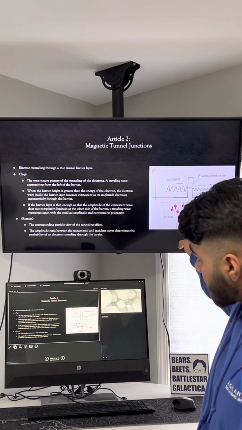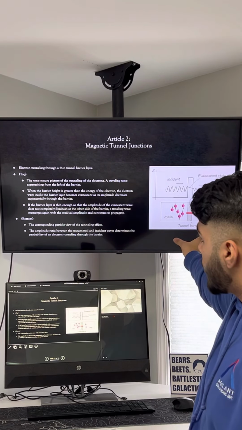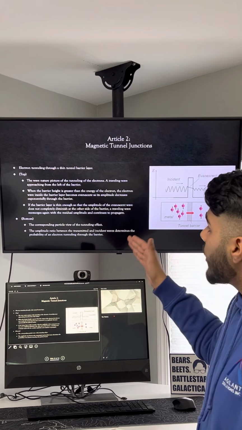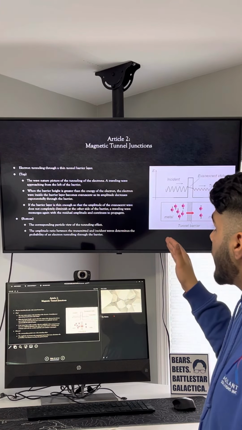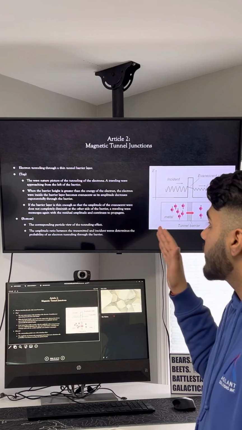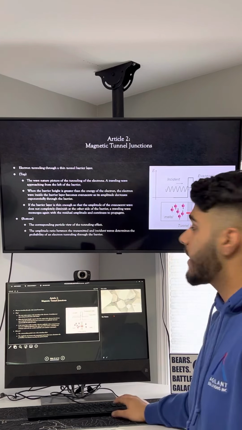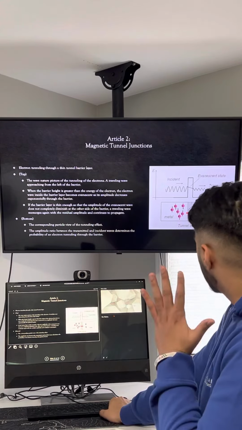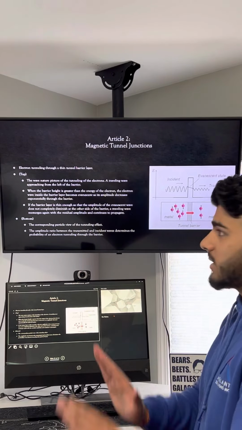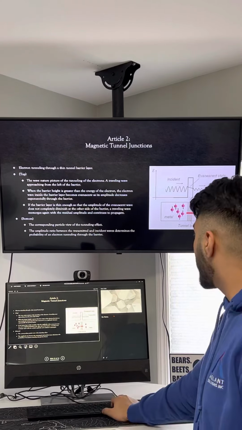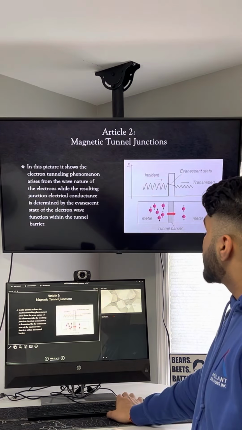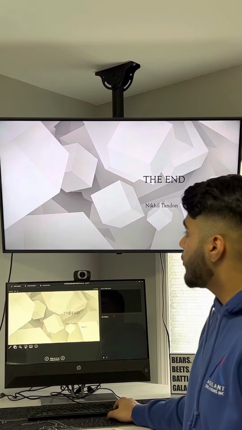The bottom picture is the corresponding particle view of the tunneling effect. The amplitude ratio between the transmitted and incident wave determines the probability of electron tunneling through the barrier. Kind of the same result, it just gets smaller. And yeah, that was basically about the magnetic tunnel junctions for Article 2.